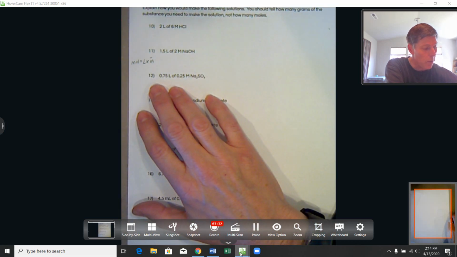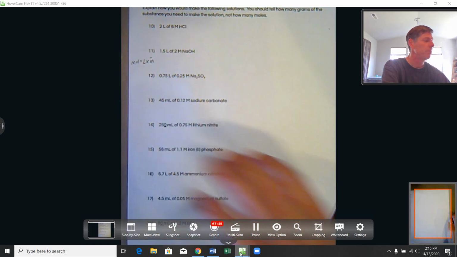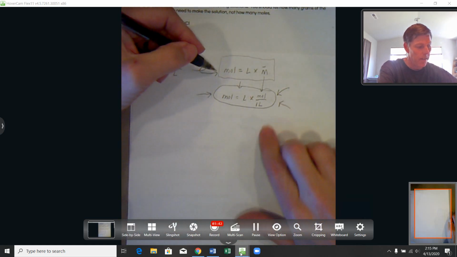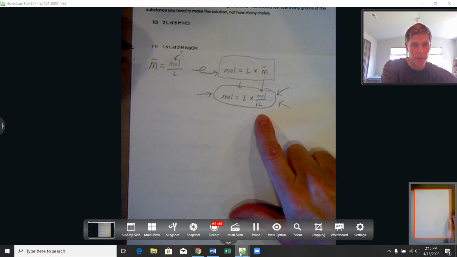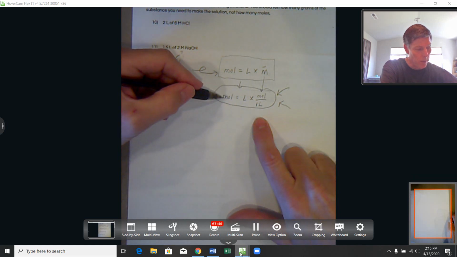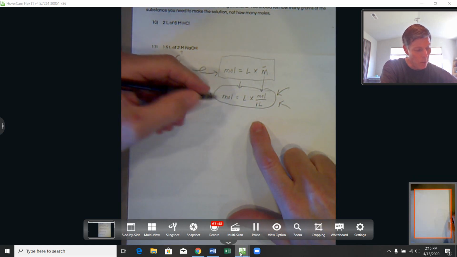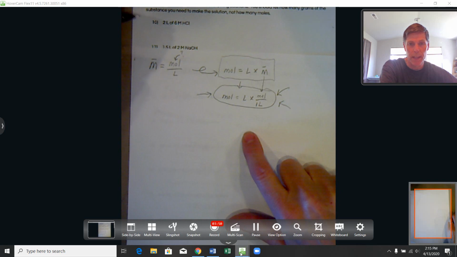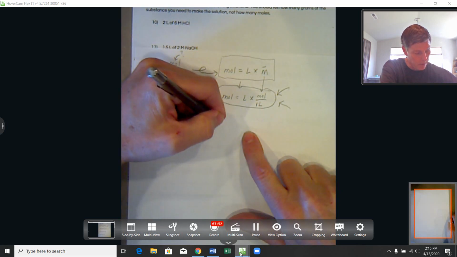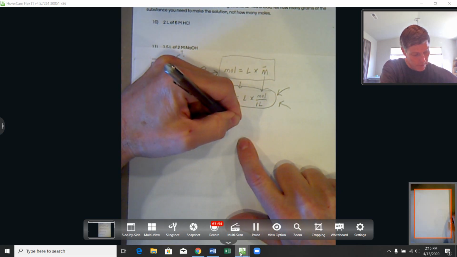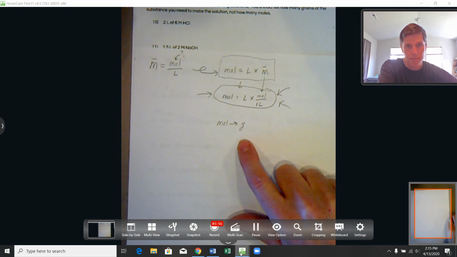Okay, so I'm going to look through the problems that I have. Notice I've got the substance NaOH. Well, we know that if I'm looking at moles, I'm going to ultimately need to do one last step. I'm going to have to convert from moles to grams.